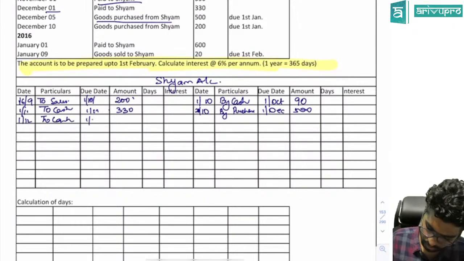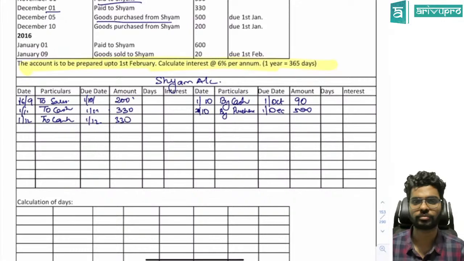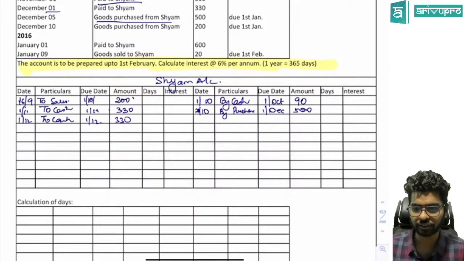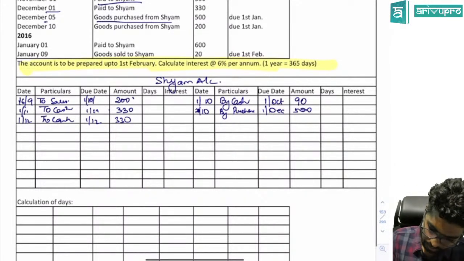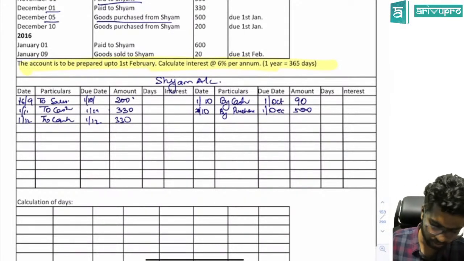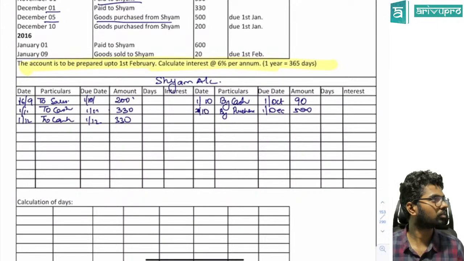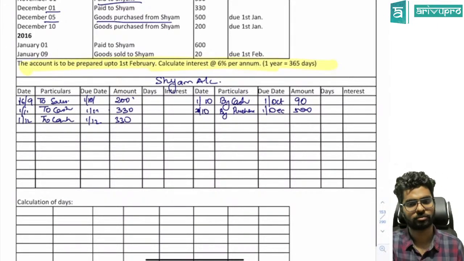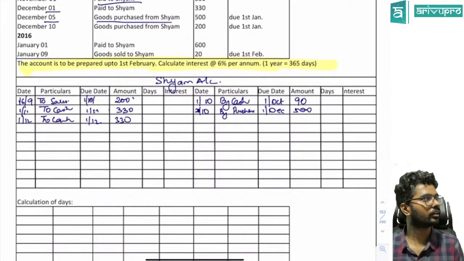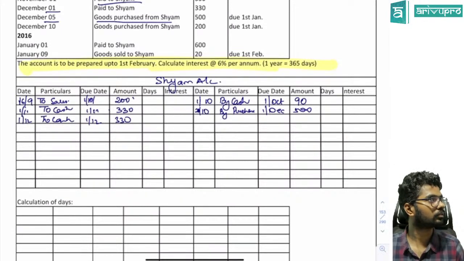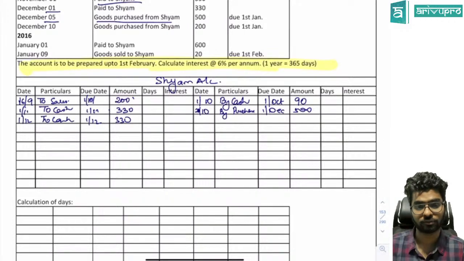To cash. Are you clear? Then guys, done.